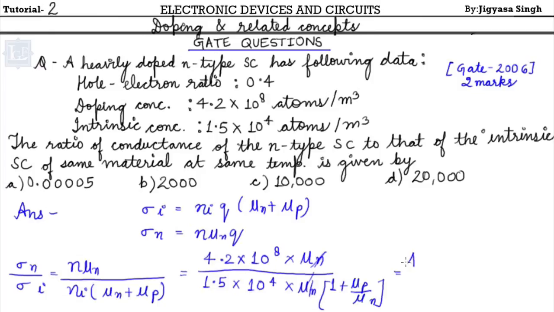So if I put the values again, and this 1.5, this whole thing will come out to be 1.4, I guess. Yes, so the answer is 2 into 10 to the power 4, which is D. So do you see, this question came for 2 marks. So in EDC, the important thing is that you have to remember the formulas, and the questions are quite simple.